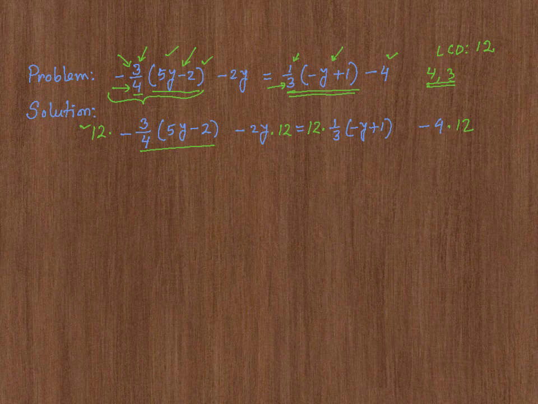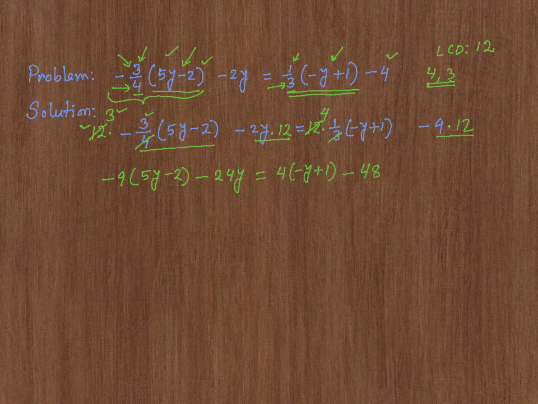Now I am going to do the cancellations. 4 goes into 12 3 times, and 3 times negative 3 gives me negative 9, and then 5y minus 2. Now minus 2y times 12 is 24y. Then on the right hand side, 3 goes into 12 4 times, so it's going to be 4 times the parenthesis negative y plus 1, minus 4 times 12, which is 48.